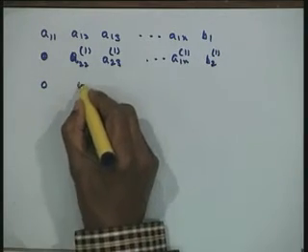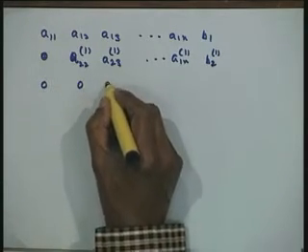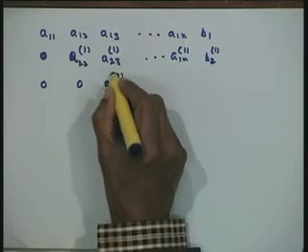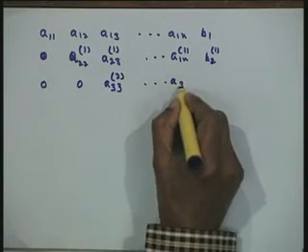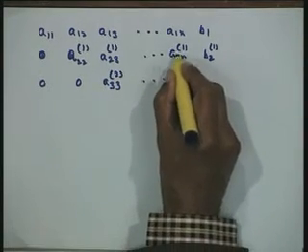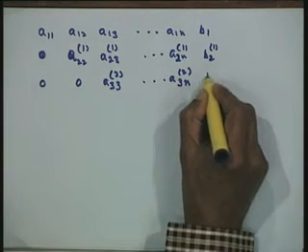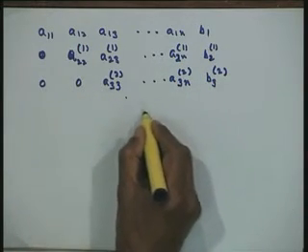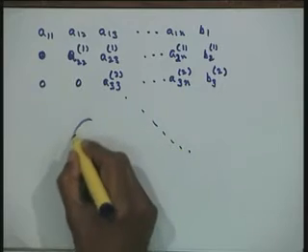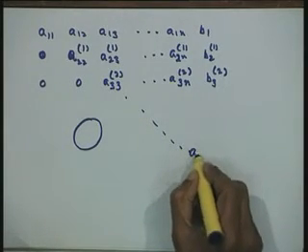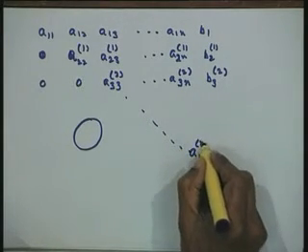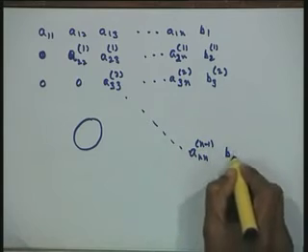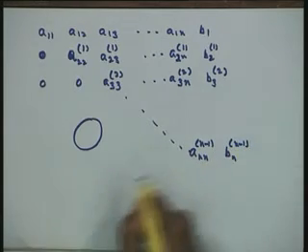Then I have a 0, A33 of 2, A3n of 2, B3 of 2, and so on. I will have here Ann of n minus 1 and Bn of n minus 1.